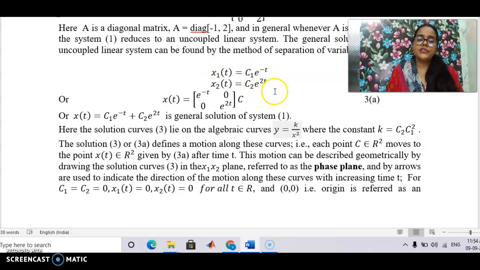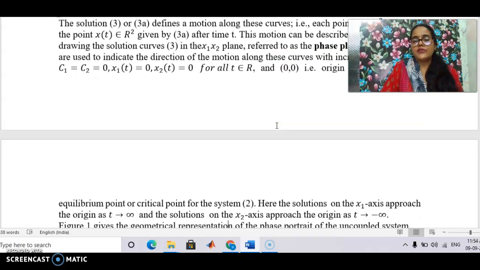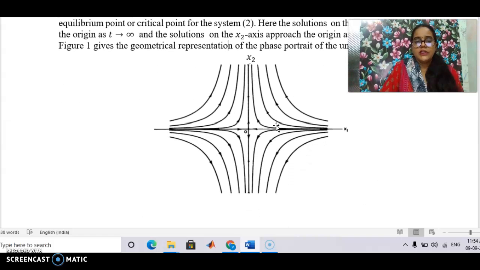Here when t approaches to infinity, x2 approaches to infinity. It means if t approaches to minus infinity, then x2 approaches to 0. There are two conditions and these two conditions define the nature at x1 and x2 of the given origin.